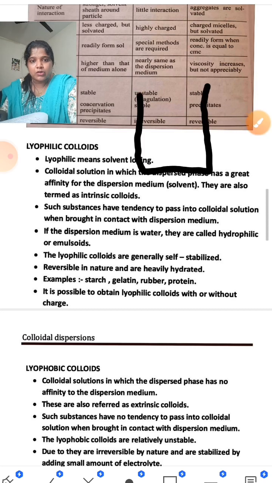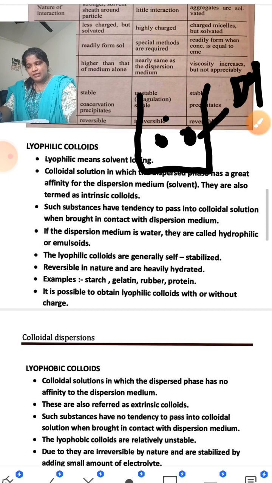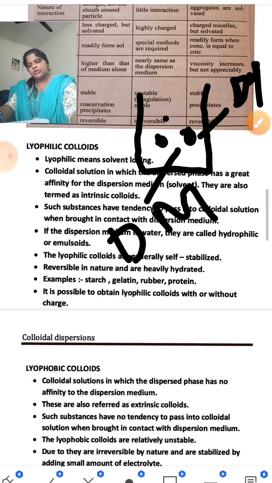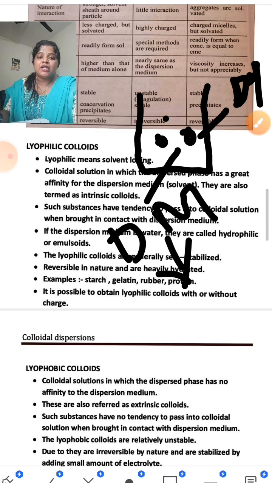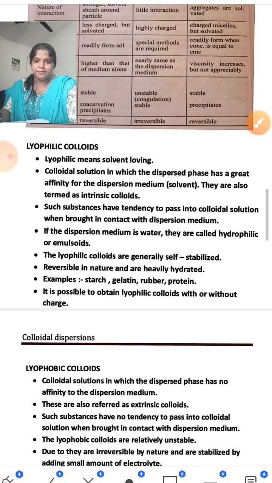This is your colloidal solution, this is your dispersed phase, and this is your dispersion medium. The dispersion medium will be your lyophilic colloid, because the solvent or the medium we can call a vehicle, and it shows intrinsic colloids.